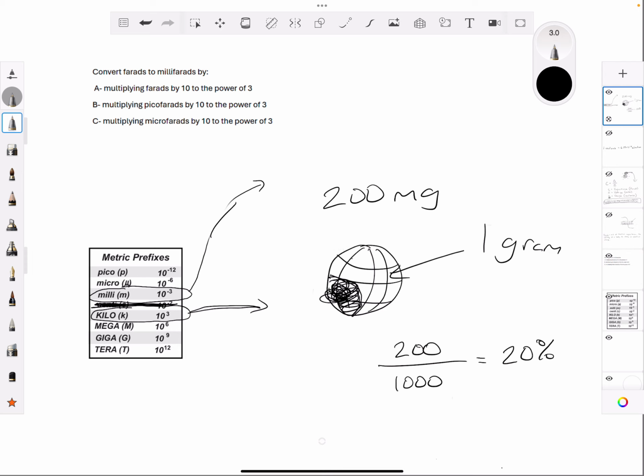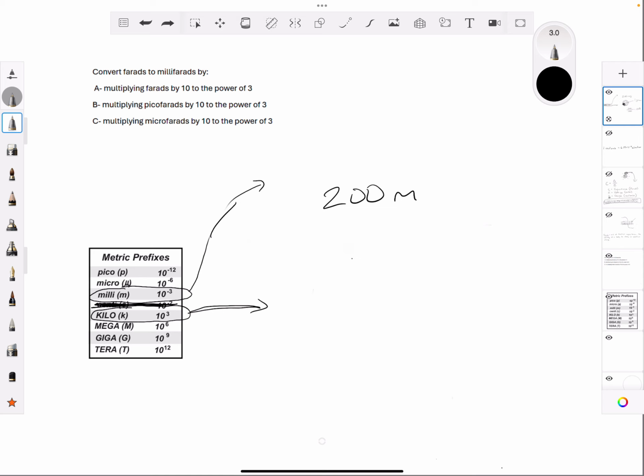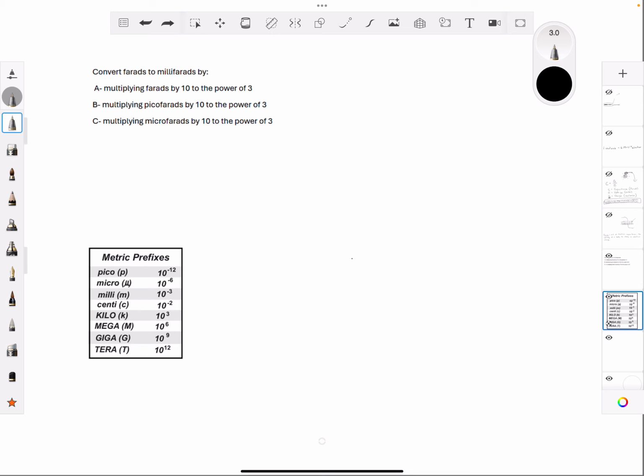But okay, so now we're going to go to the problem. So what our problem is stating is we have 1 farad. It doesn't even matter, we don't need to know what a farad is. But basically it's a unit of capacitance, right?